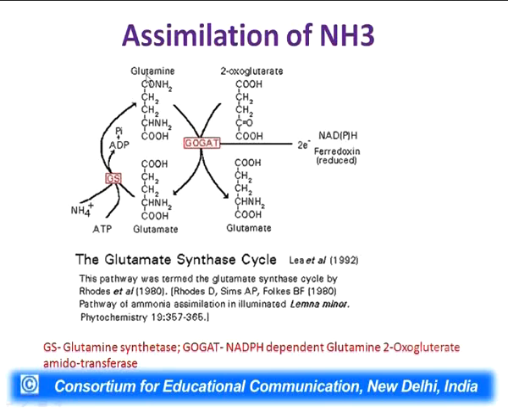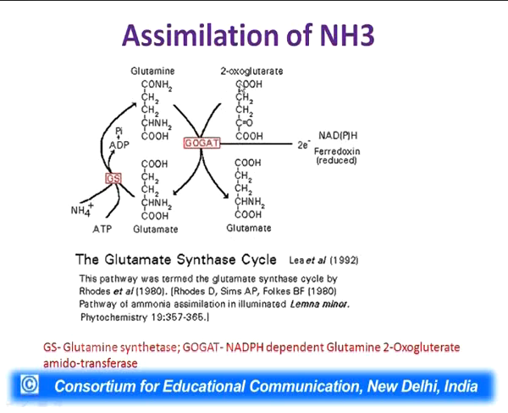There are a few molecules which can receive ammonia. The most important reaction is carried out by glutamate. Many of you may be aware of glutamate. This glutamate is an amino acid which is produced by carbon metabolism from alpha ketoglutarate or 2-oxoglutarate.